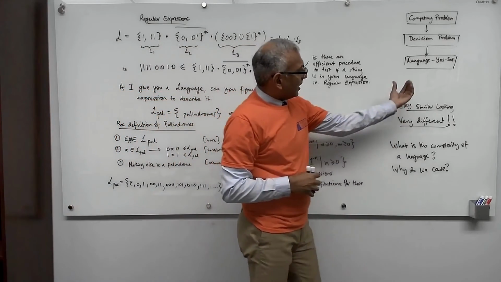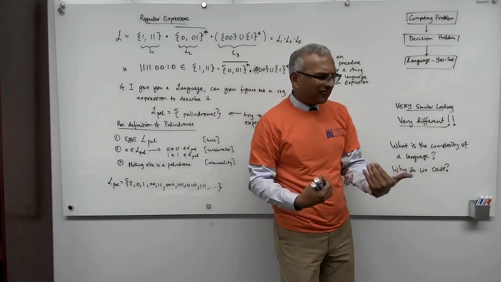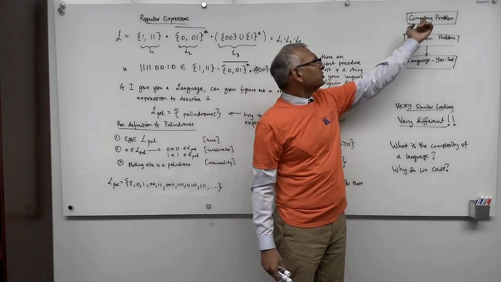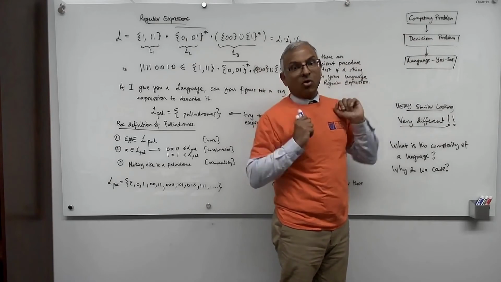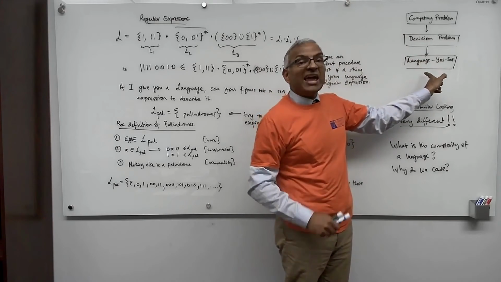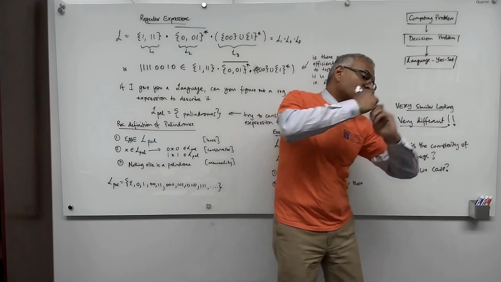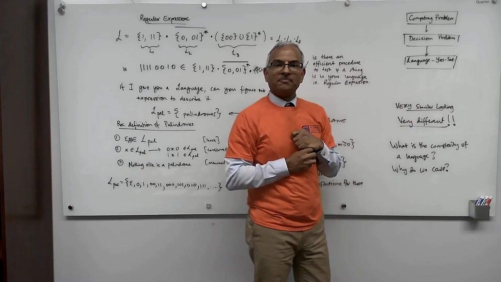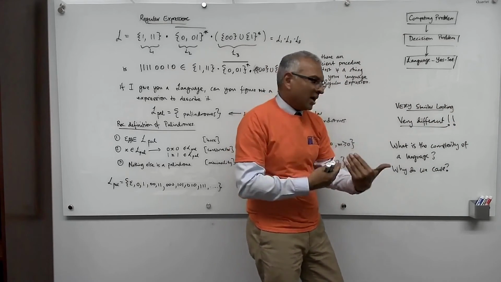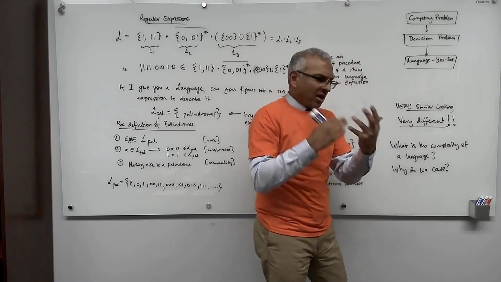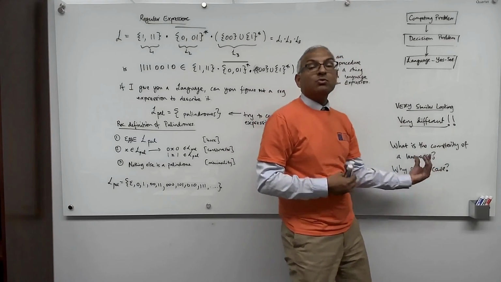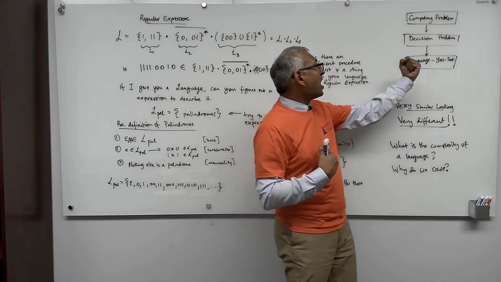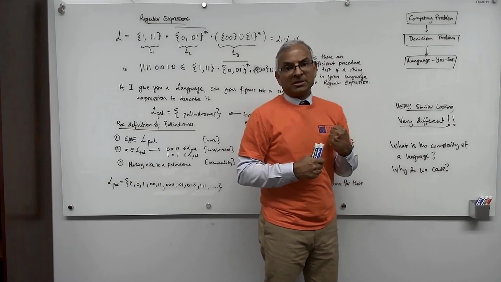We want to be able to quantify how hard a computing problem is, and it boils down to how hard or complex the language, the yes set associated with that decision problem, is. So if we have a way of defining or quantifying the complexity of a language, then we have a way of quantifying how hard a computing problem is.